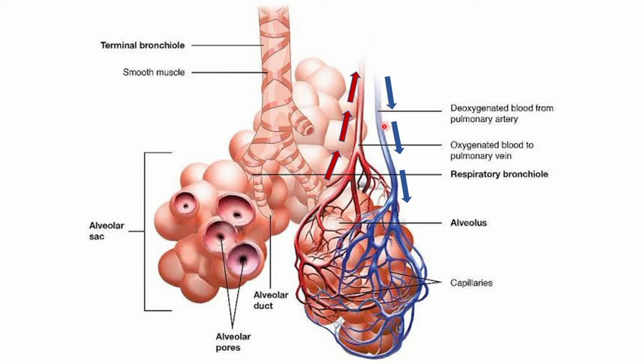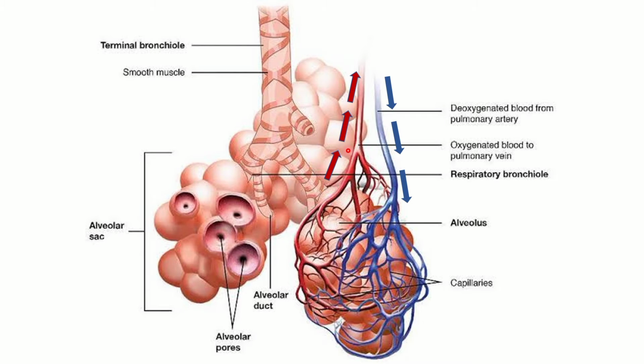Okay. Next up, this is the main artery, right? This pulmonary artery is the main artery, which then divides into many small vessels, which are the capillaries. So these are the pulmonary artery capillaries. Capillaries are the small vessels.